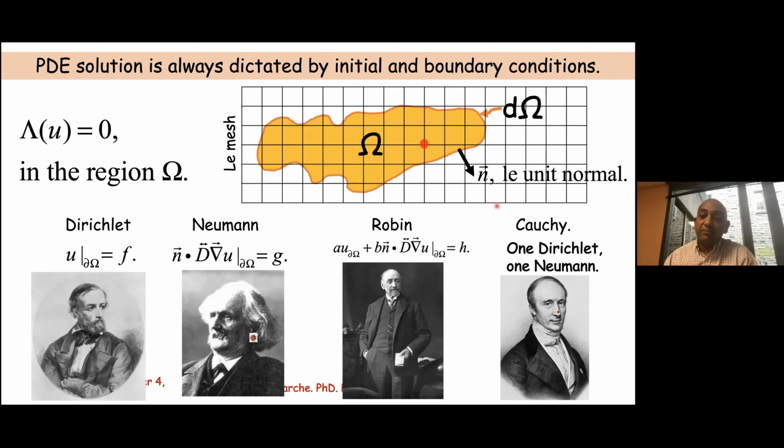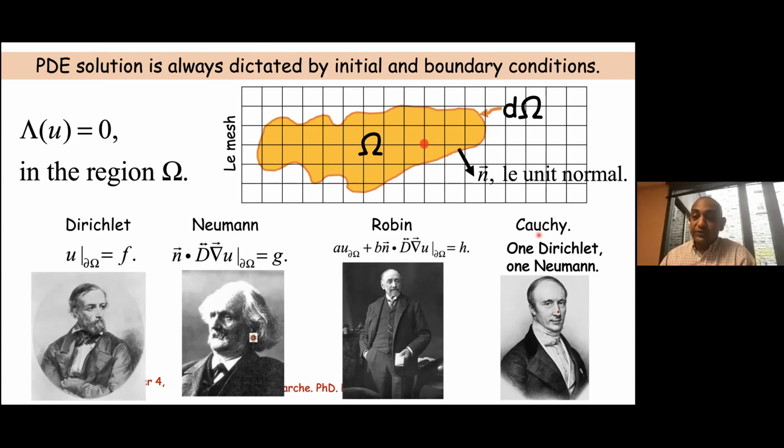And the final and most horrible boundary conditions are given by this guy called Cauchy. And what Cauchy says is that never mind a combination of your state variables and your derivatives giving you a boundary condition.